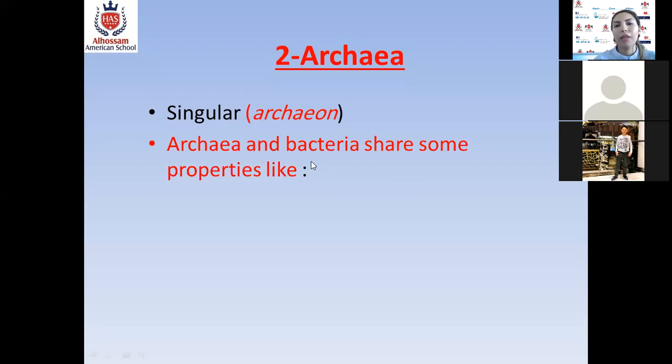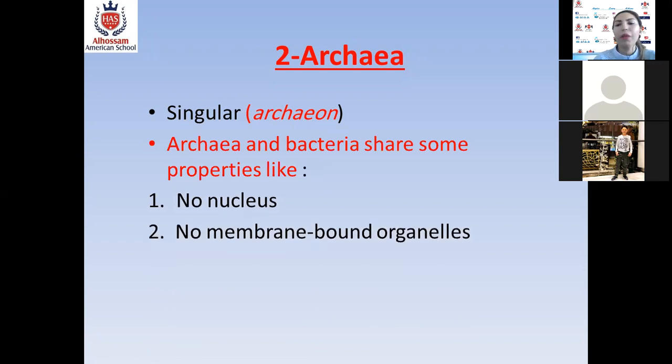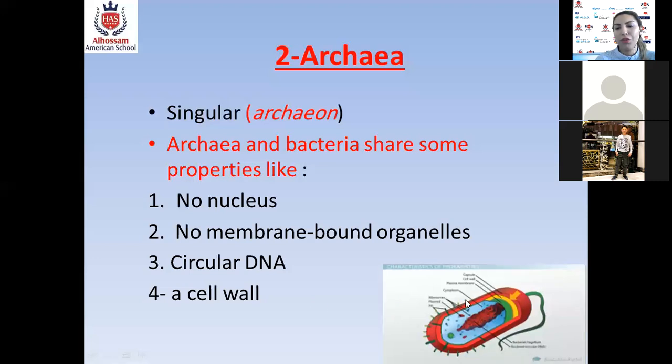They have similar properties because they are prokaryotes. So what are the similar properties? They have no nucleus, no membrane bound organelles, and circular DNA in the cytoplasm. Number 4, they have a cell wall. So the picture for archaea is similar to the picture for bacteria.